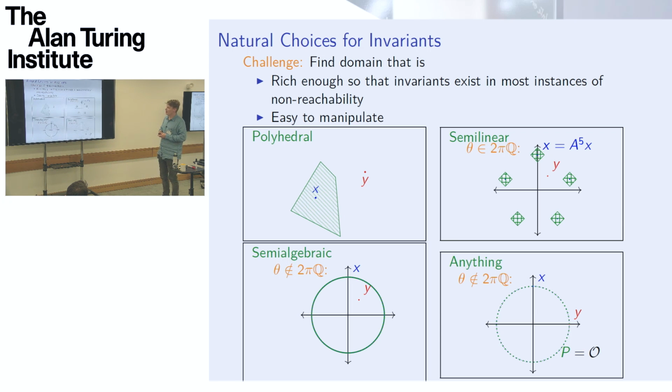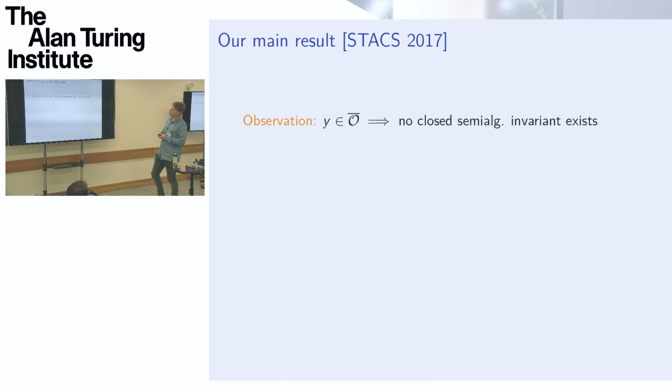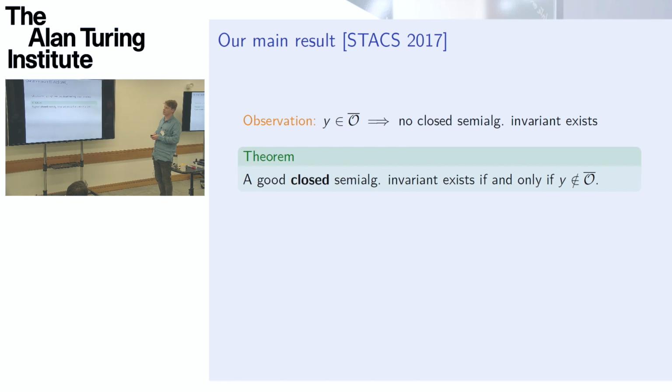Okay, let's move on to the main results, which we published in STACS this year. So first, an observation is that if y is in the closure of the orbit, then there cannot be any closed semi-algebraic invariant. This is okay. But then the result is actually the converse. It's a positive result that says that whenever y is not in the closure of the orbit, there actually exists a semi-algebraic invariant.